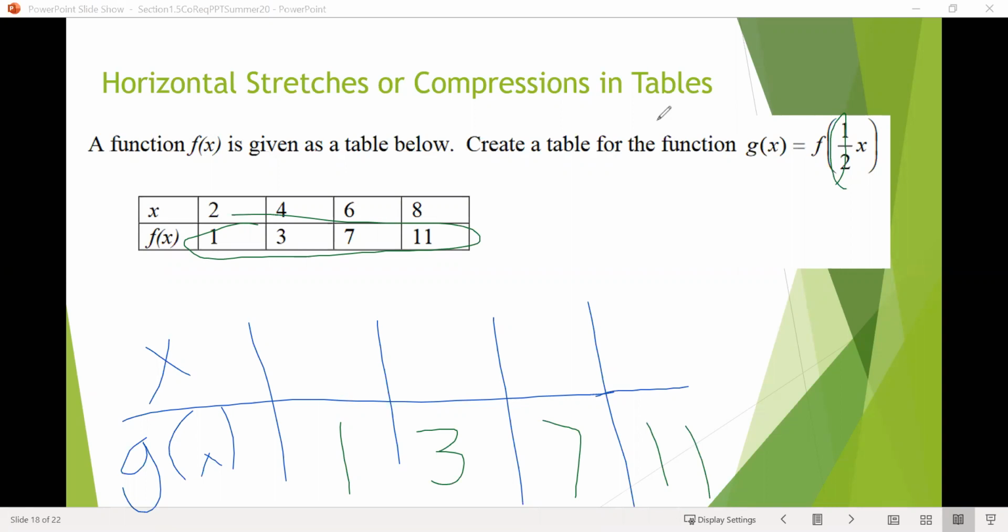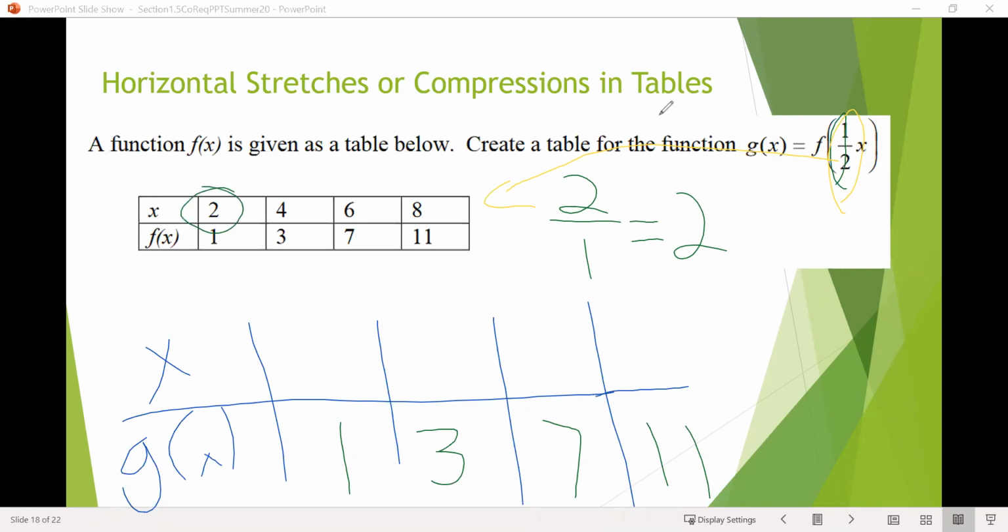And recall that because this is on the inside, it's part of the house of lies, so it does the opposite of what we would think. So here, rather than multiplying all those inputs by 1/2, recall that it'll actually impact them in the opposite way. And so all of these will get multiplied by the reciprocal of that. So instead of 1/2, it'll become 2/1, which is the same as 2, and that will be our factor.